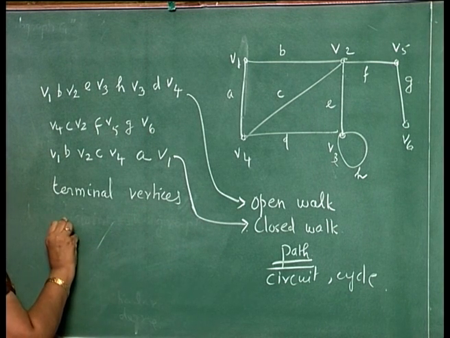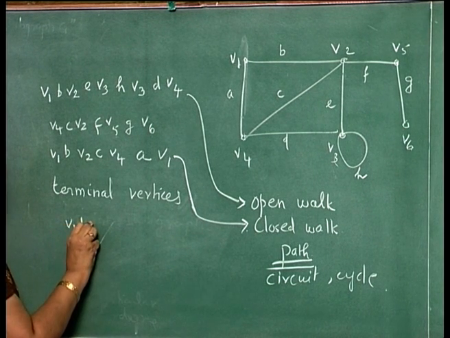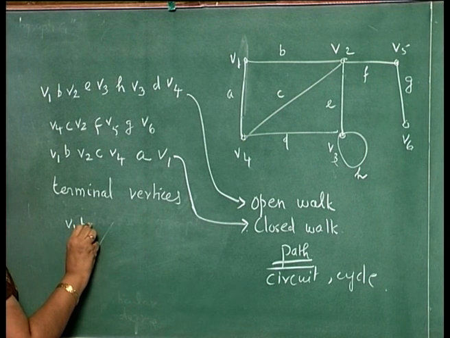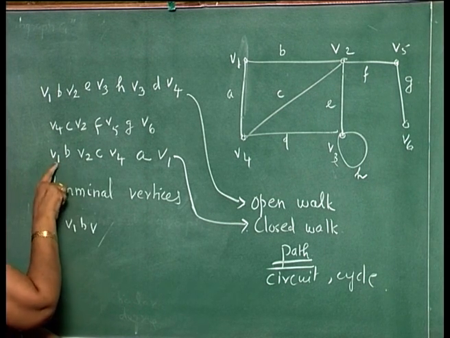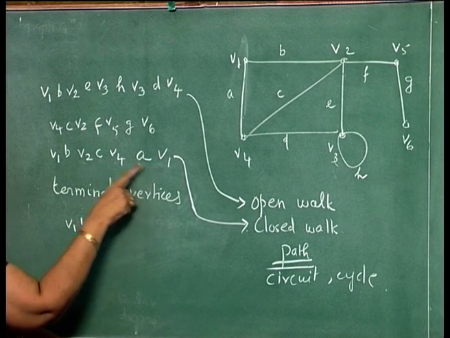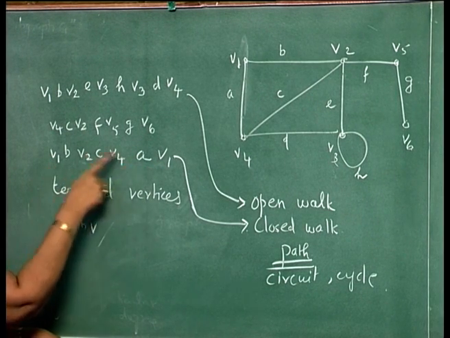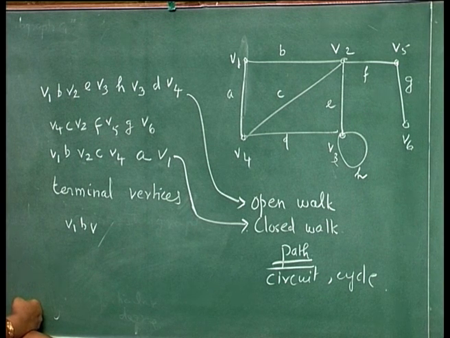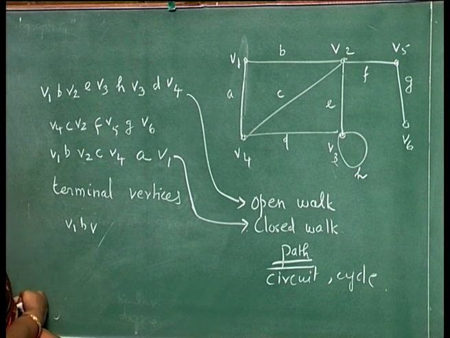For example, here V1, B, V2, which we have already seen, V1, B, V1, B, V2, C, V4, A, V1. This is a closed walk, no vertex is repeated except the beginning and the end, and that is a cycle or a circuit.